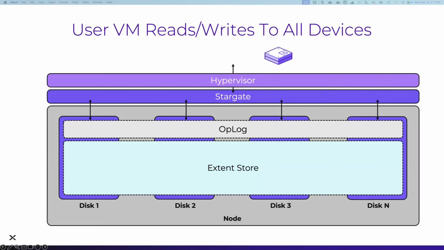It's going to log information into our op log. I think someone was asking about metadata. This is where the metadata is, in the op log. Usually we have the op log hosted on the first two disks. Once we have an op log, we'll then flush it into the extent store, which is our software-defined storage.